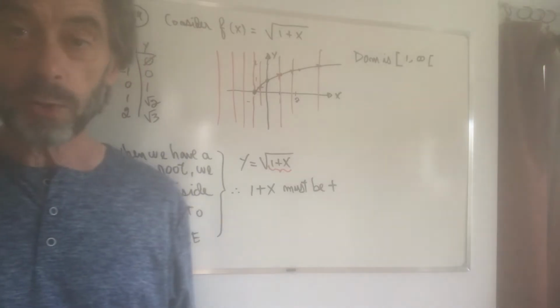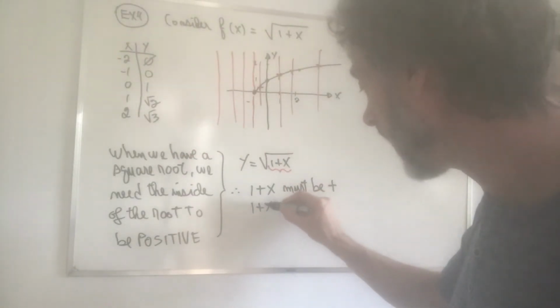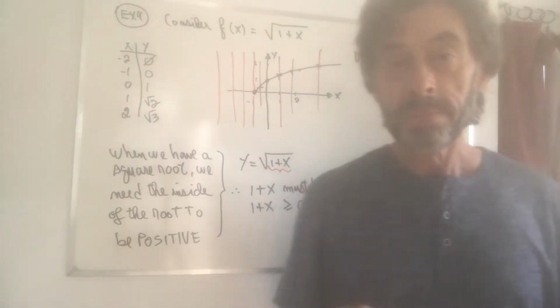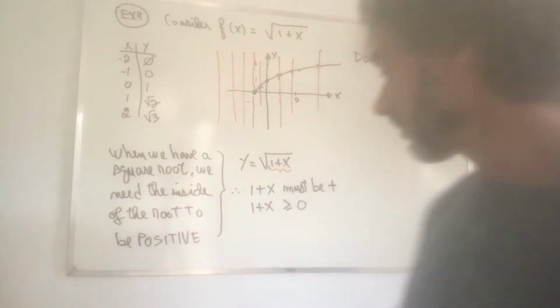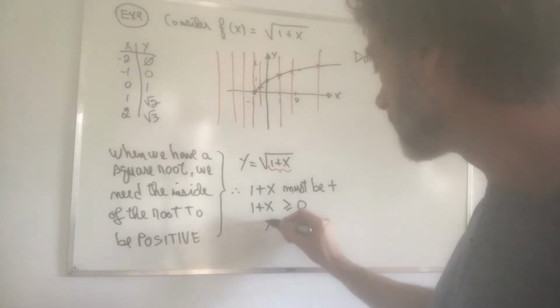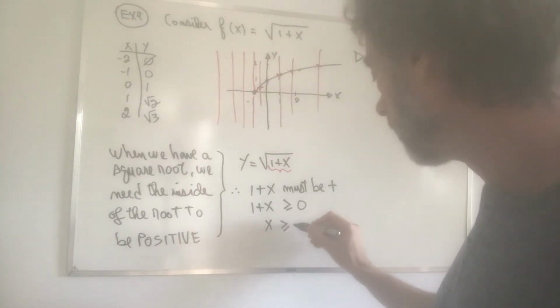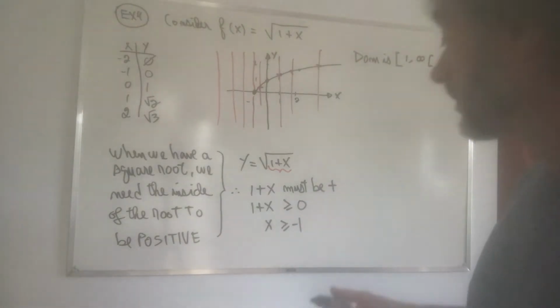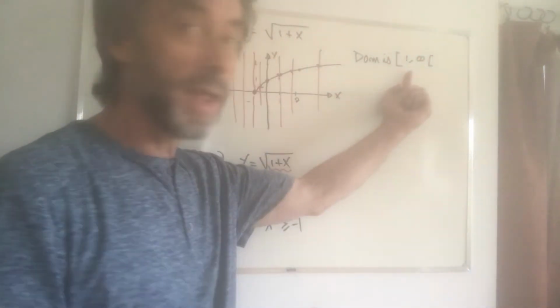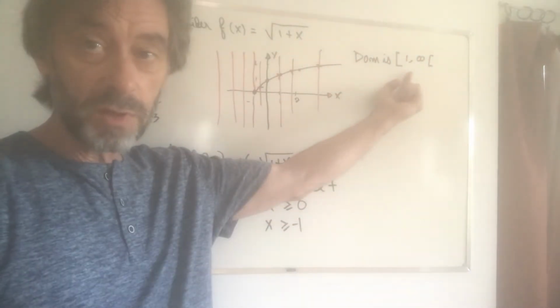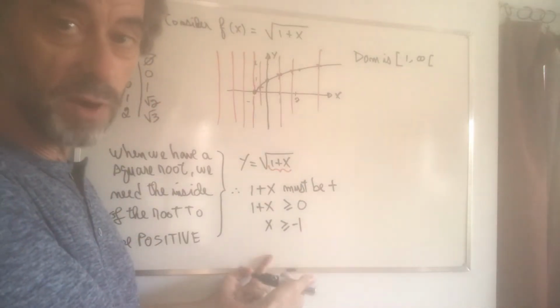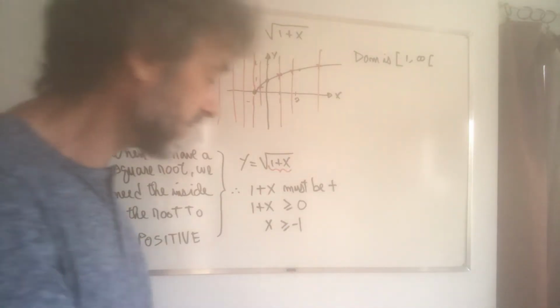And what's another way to write that? Well, 1 plus x must be greater than or equal to 0, right? So that means that x is greater than or equal to -1. And, of course, that is exactly the same domain as we had found using the vertical line test. Except that this is probably shorter in terms of work. Don't need to sketch the graph for that.